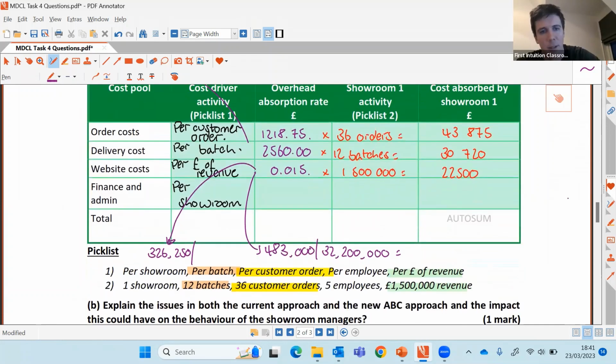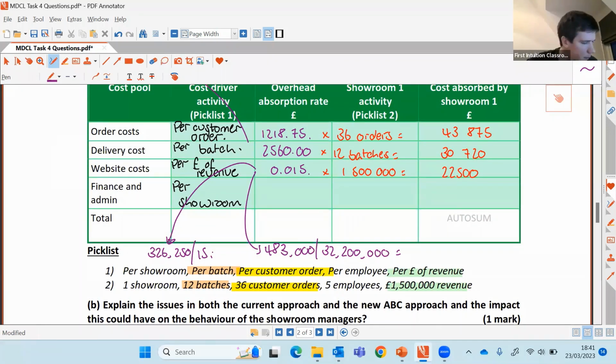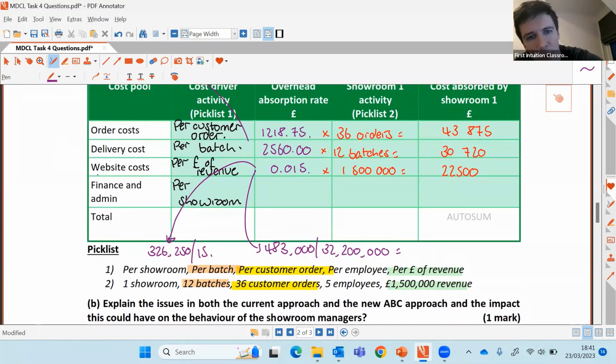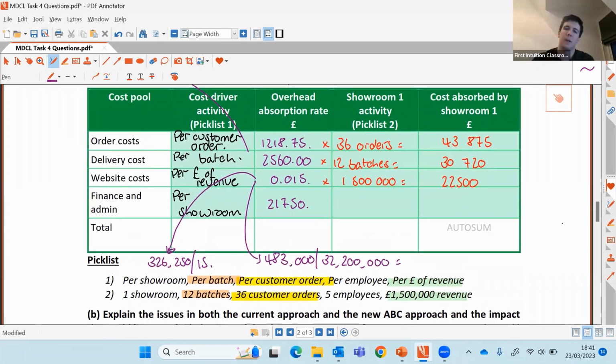Okay. 326,250 across 15 showrooms is £21,750. Technically, I suppose, the 2 decimal places. And so basically, each showroom incurs finance and admin costs of 21,750.